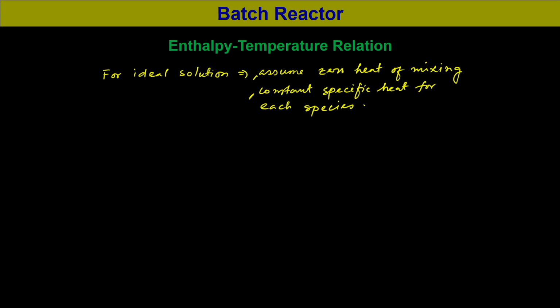So, then we can write in terms of temperature, rho h cap is equal to summation over k is equal to 1 to n of Ck times h f k plus C p k times T minus T reference.